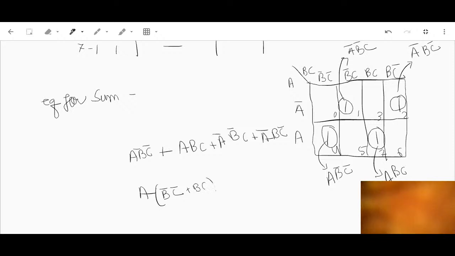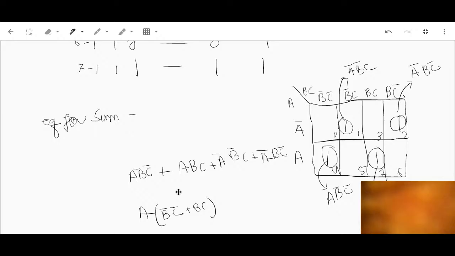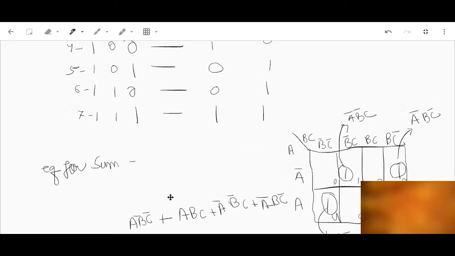What I'm trying to say, we have to put the C in place of C in. Keep this in mind.